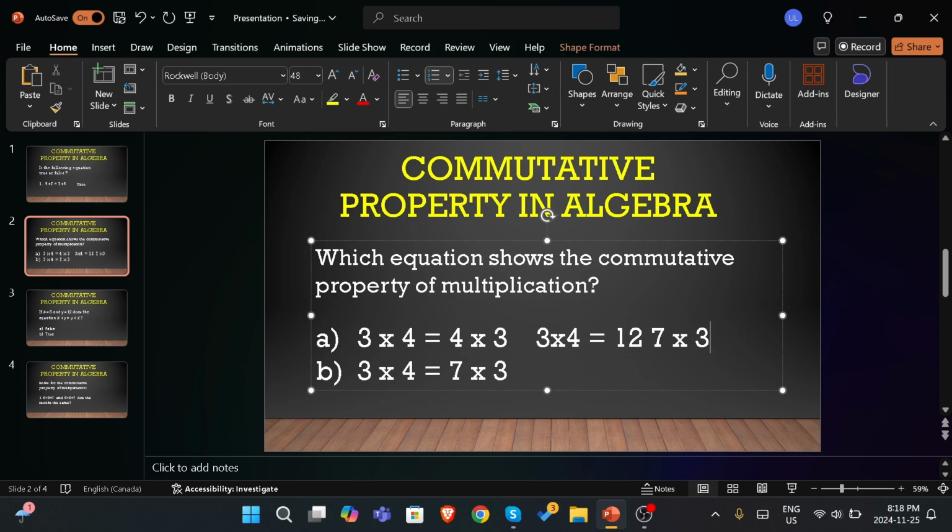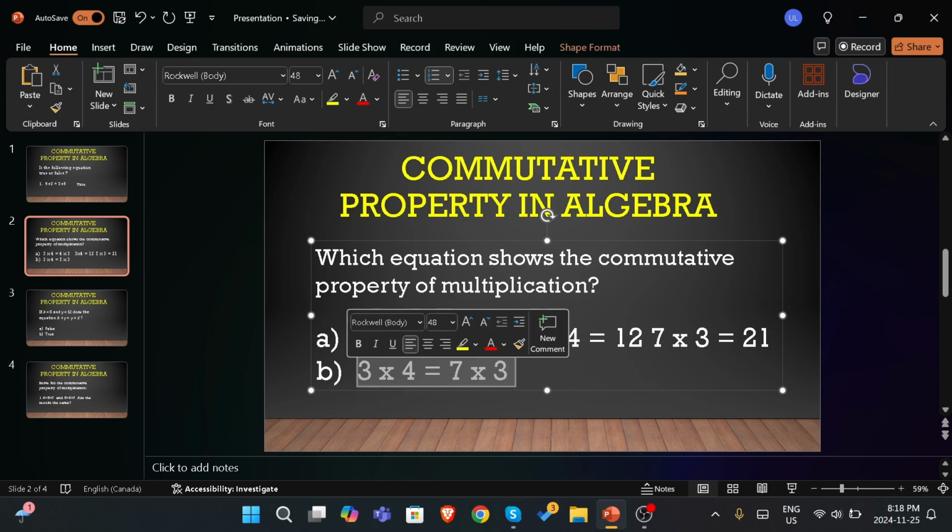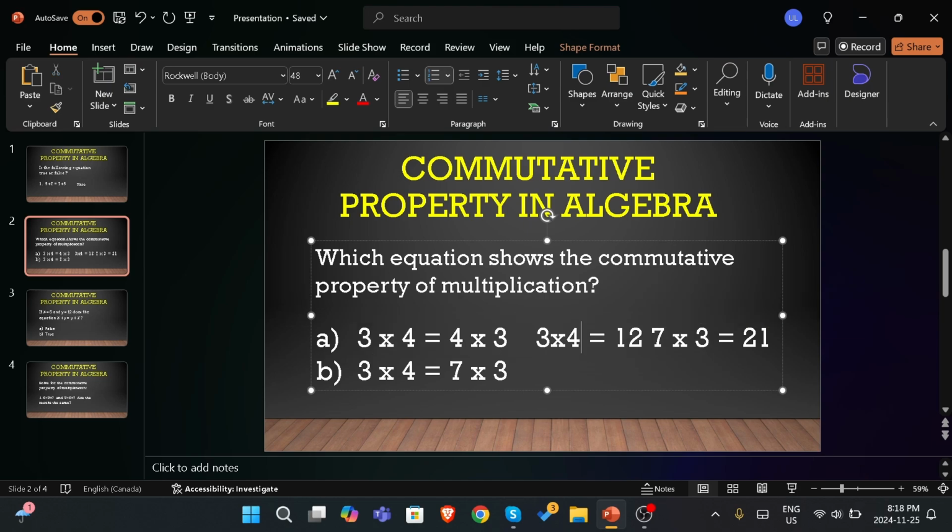So the answer is completely different, which means that this one is incorrect and A is correct because the result is the same, and only the numbers are inversed. But for B, the results are not the same, and the numbers cannot be inversed because the numbers are totally different.